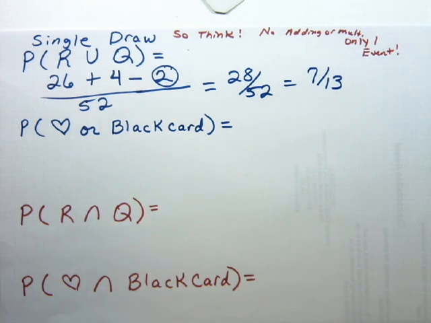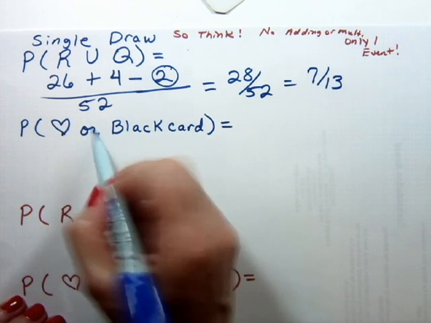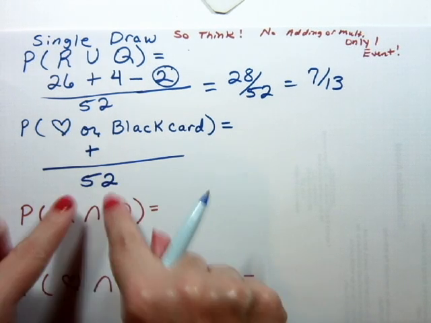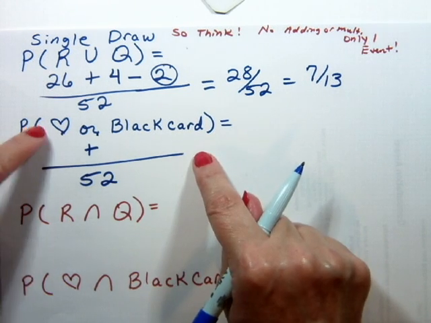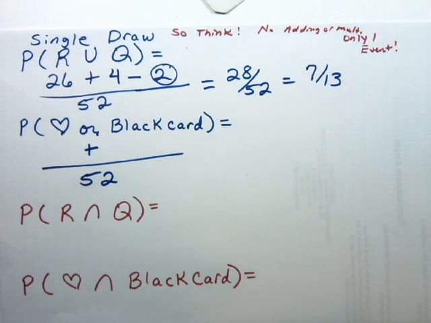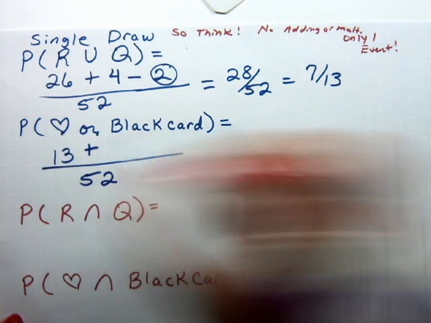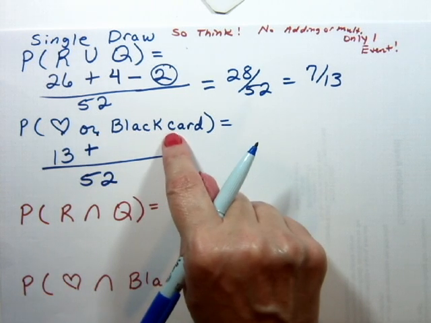All right, what's the probability of finding a heart or a black card? Now it's a single card, so I'm just going to do out of 52. How many ways can I get what I want? A heart or a black card. That's going to be 13 plus, how many black cards?